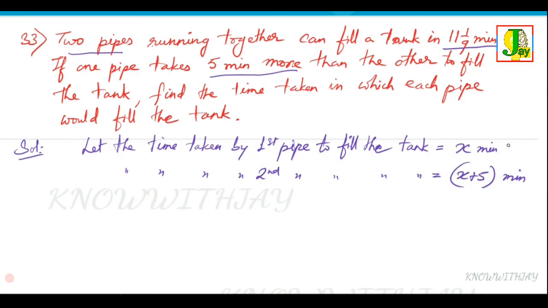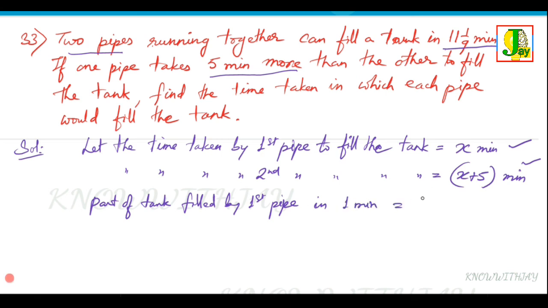So this is the time taken by the first pipe, x minutes. The time taken by the second pipe is x plus 5 minutes. Now, the part of the tank filled by the first pipe in 1 minute equals 1 by x. Similarly, the part of the tank filled by the second pipe in 1 minute is 1 by x plus 5.